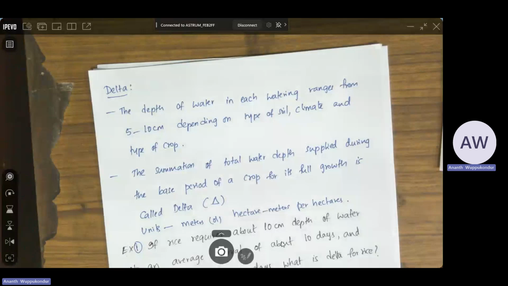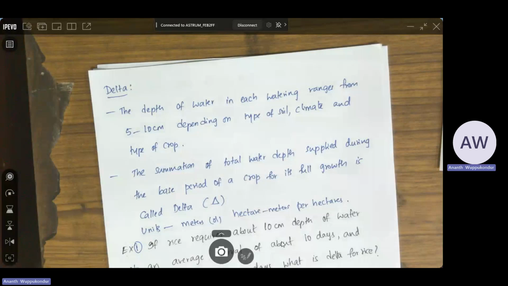So sugar cane overlaps both the seasons, Rabi and Kharif. And sugar cane requires about 5 to 6 waterings.